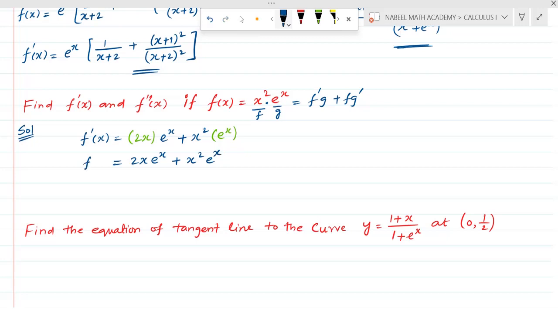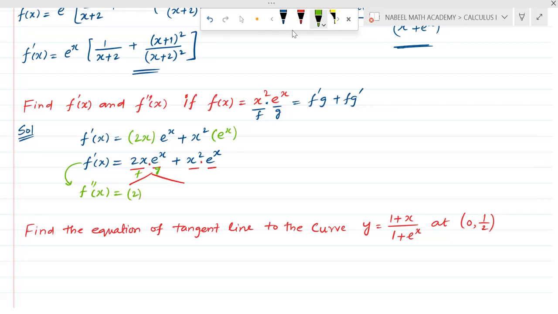Now in order to calculate f double prime, I have to differentiate this part again. So what is this one here? Again, you have to use the product rule for this part. Let us go with this part here first. This is f g. So what is f prime?